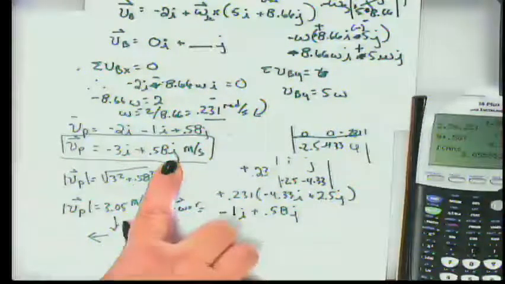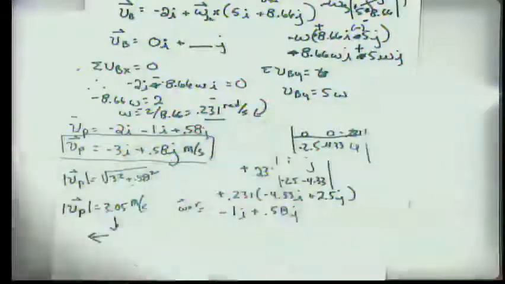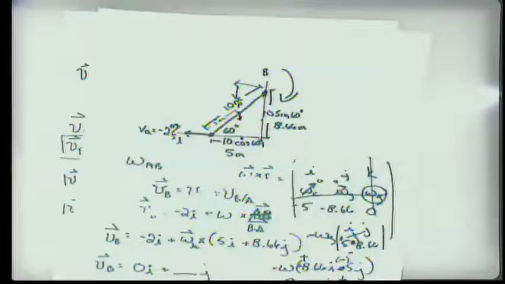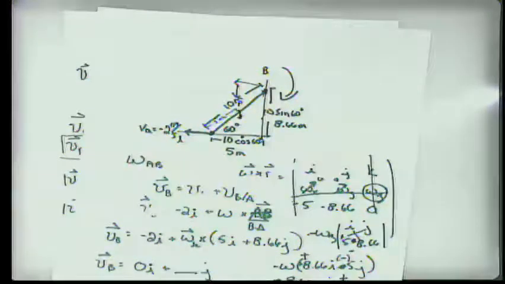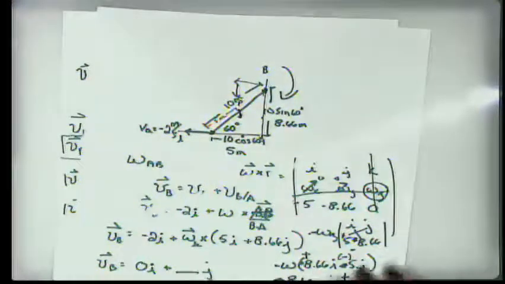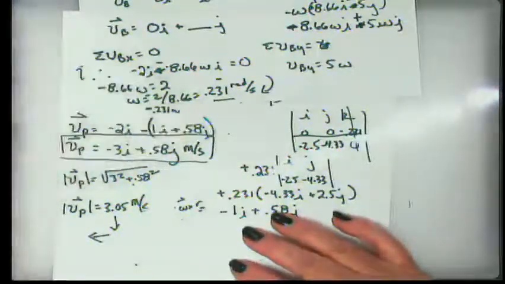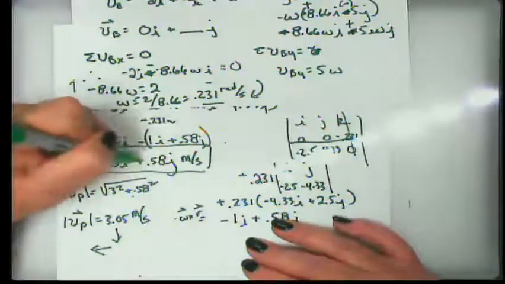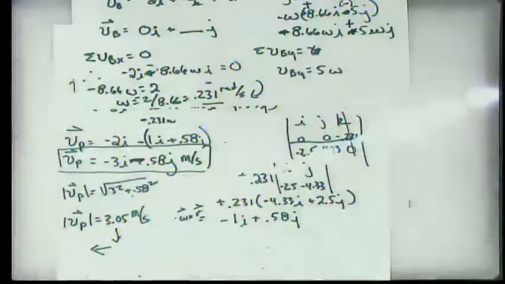Yes. It kind of seems like when you substituted it back into the equation, you maybe forgot to distribute the negative sign. Oh, okay. Because it should be negative 2i minus parentheses minus 1i plus 0.58j. Thank you so much. Yes. That's going to make me so much happier. Thank you, AJ.